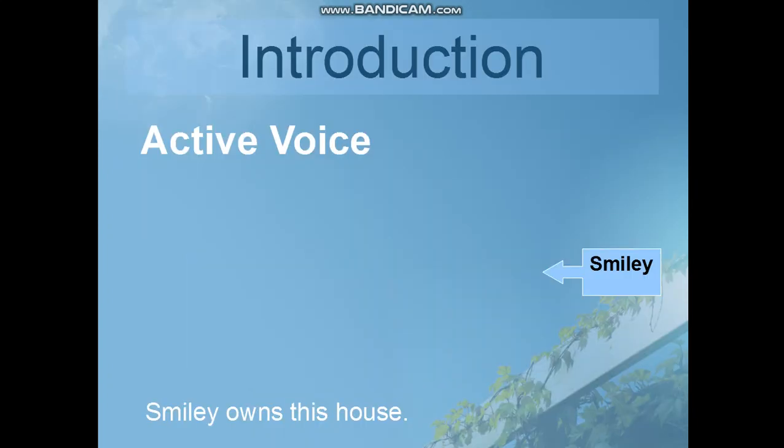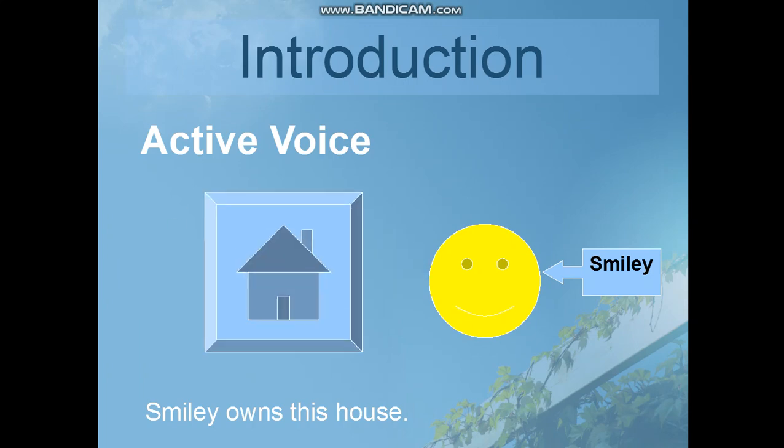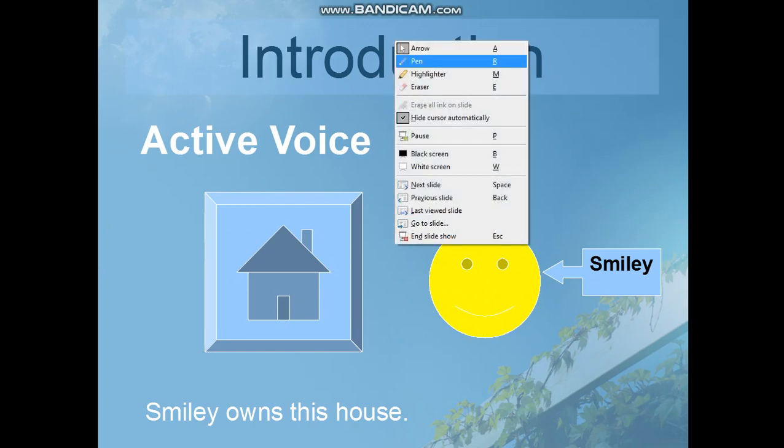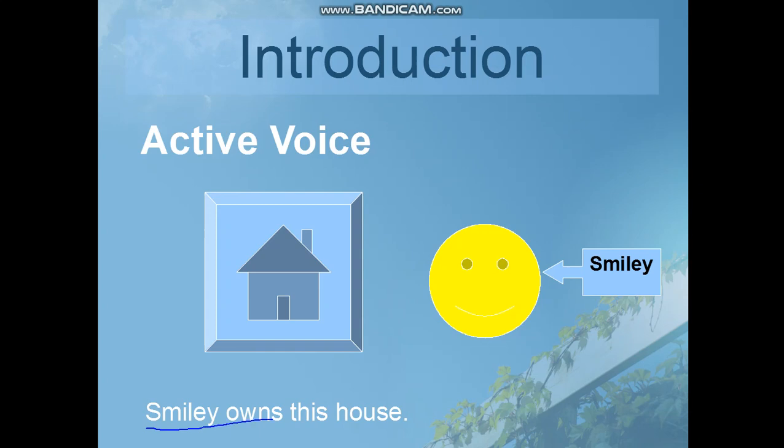So let us start. Introduction. What is active voice? Here's a smiley and here's its house. What is written here? Smiley owns this house.